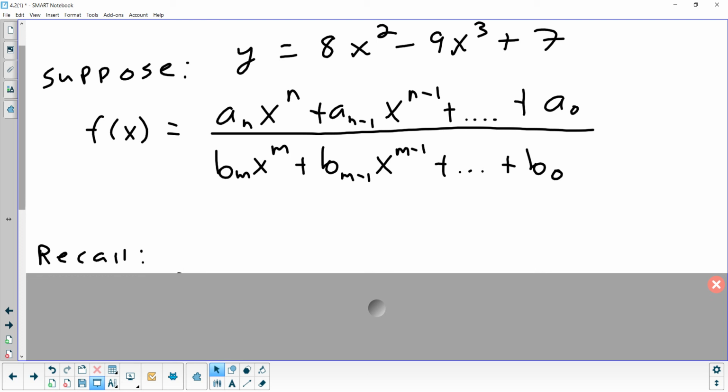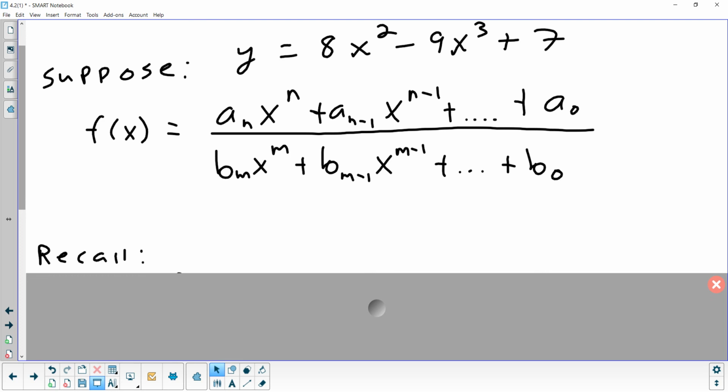No, not in this case. X squared would not be the EBM. Oh, yeah. 8x squared. Can you say it again? 8x squared. Nope. The EBM is not 8x squared. Negative 9x cubed. It's negative 9x cubed. Okay, the EBM is always the highest degree term.